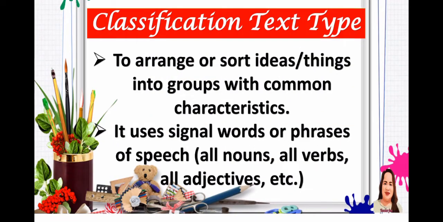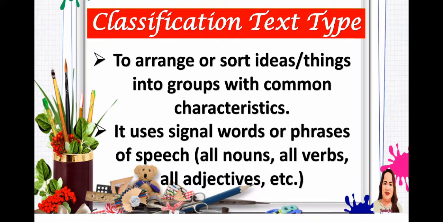Okay? Una nating pag-usapan ang classification text types. So this text type is to arrange or sort ideas, things into groups with common characteristics. It uses signal words or phrases of speech, all nouns, all verbs, all adjectives, and others.